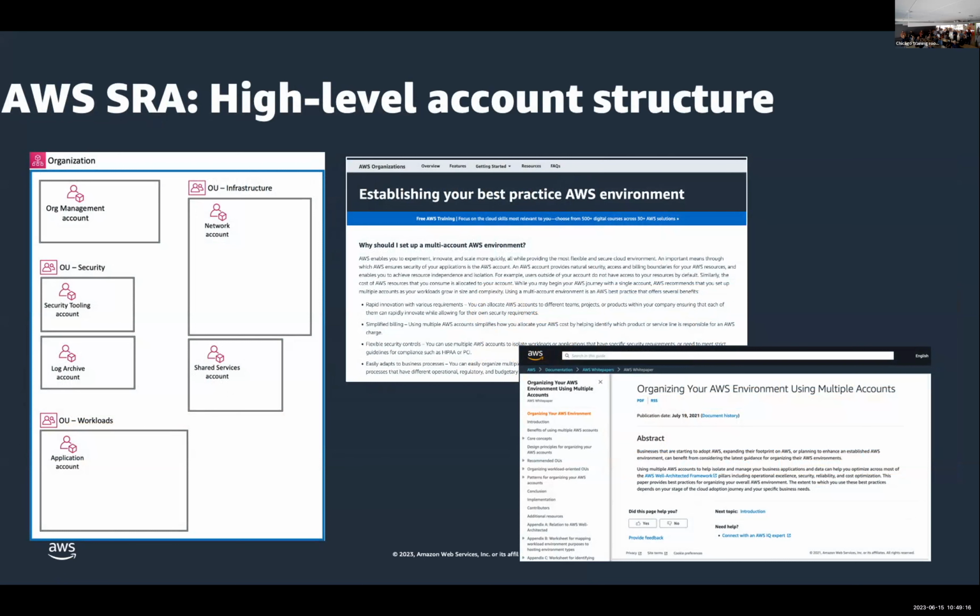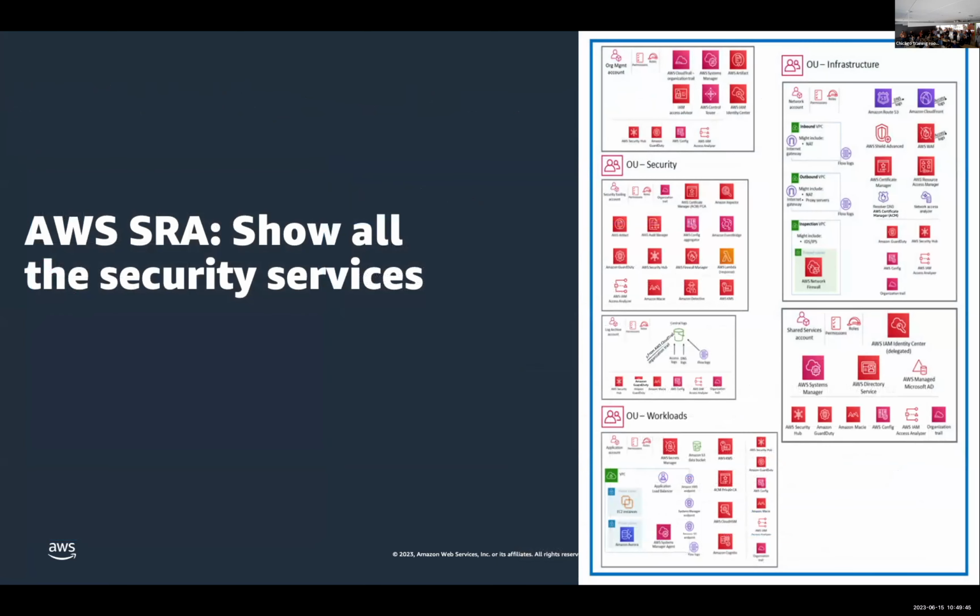So from an account structure perspective, we also counted on the concept of AWS Organizations, as well as a multi-account strategy, which you can find in more detail in the AWS documentation, covering the different types of organizational units you can create, the different accounts you can create, and what kind of purposes are behind this, so you can choose the type of your account and position it on the right OU in the most efficient way. And this was another thing that we really counted on while we were building the solution.